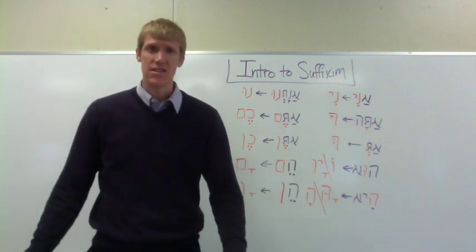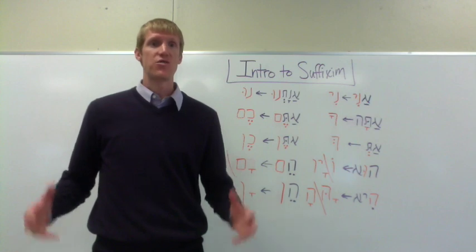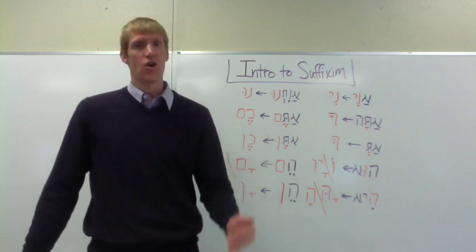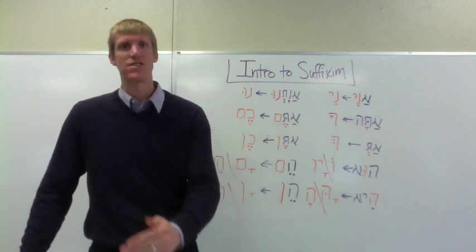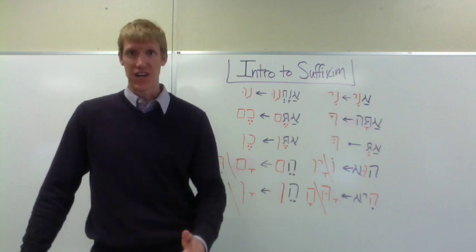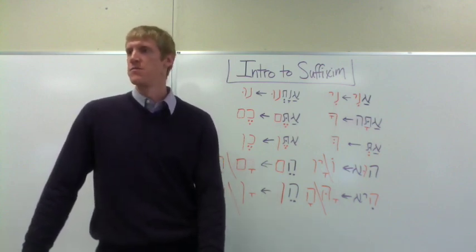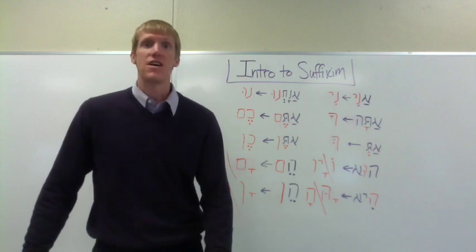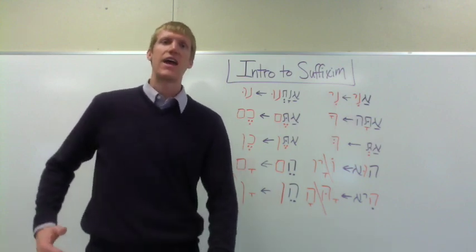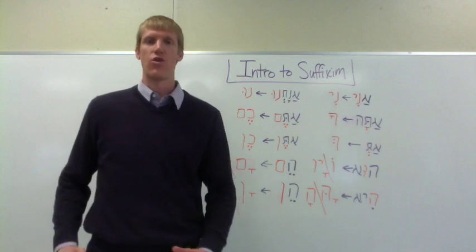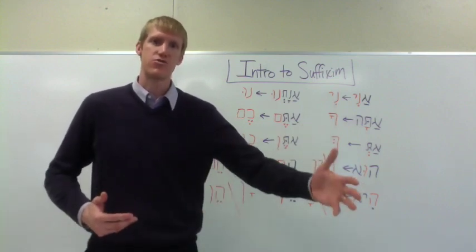And a suffix, in terms of where it's attached to the word, works the same in Hebrew as it does in English. A suffix in English is like the suffix ism, right? It's added to the end of a word, or ology or olatry.